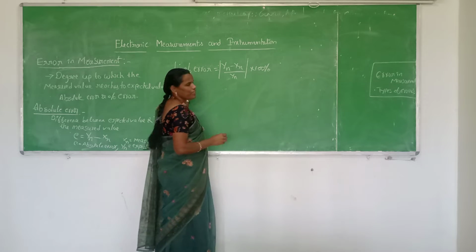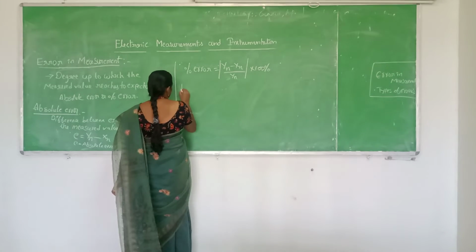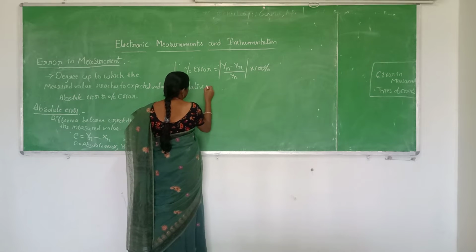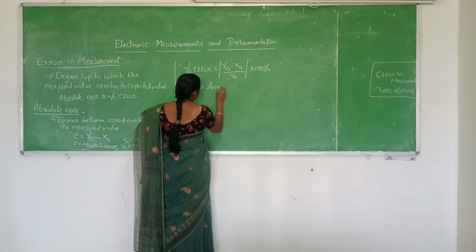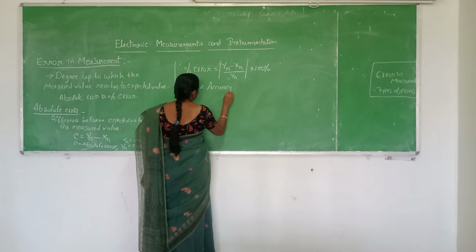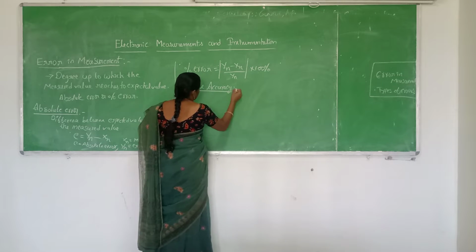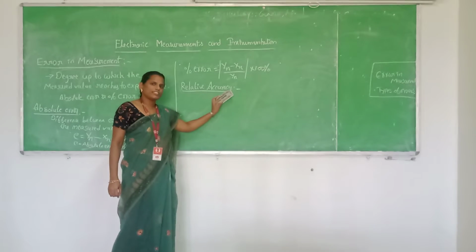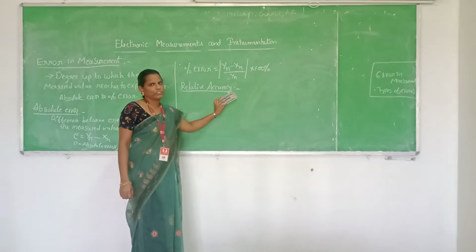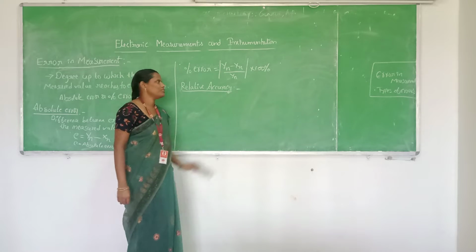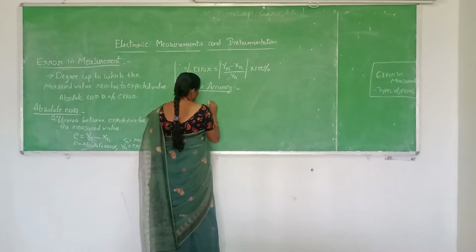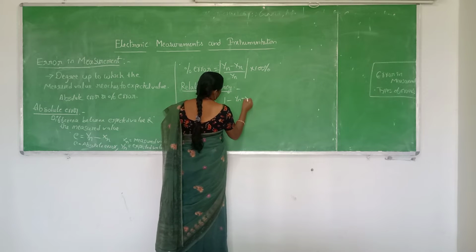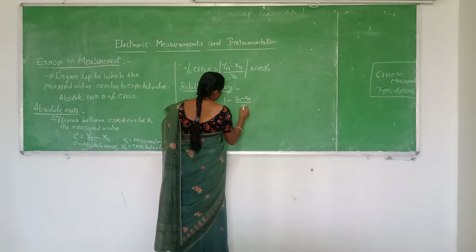Next we are going to define the relative accuracy. This relative accuracy can be denoted as capital A. Relative accuracy is the difference between the measured value and the true value. So the relative accuracy A equals 1 minus modulus of yn minus xn by yn.